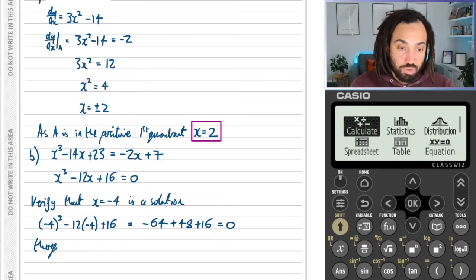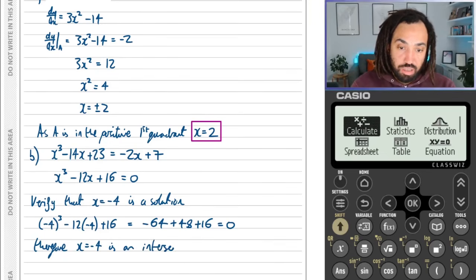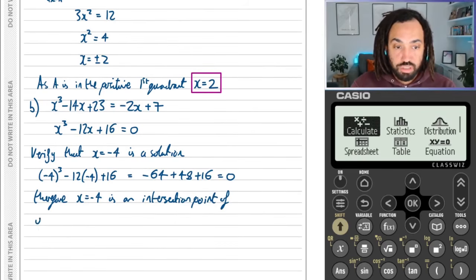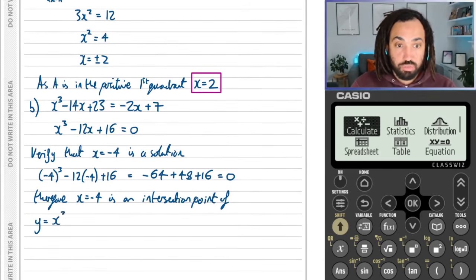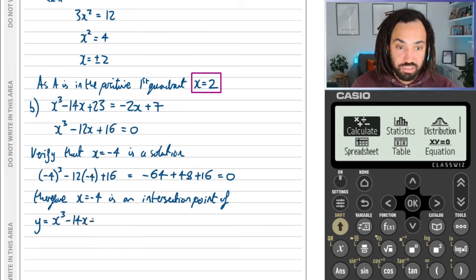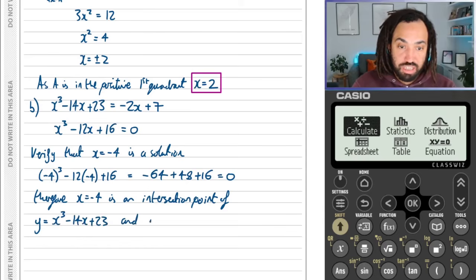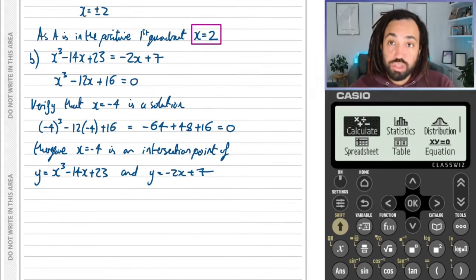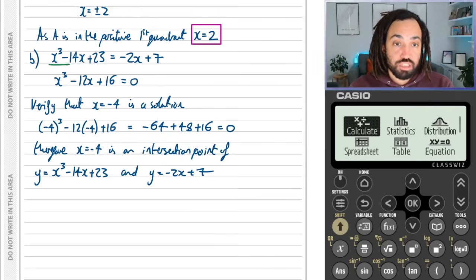And therefore we can say x equals minus 4 is an intersection point of the two equations, or the one curve and one straight line. And just to finish off, what we could do is sub in minus 4 into here and into here, and if we get the same y value, then we know they intersect at the same point.